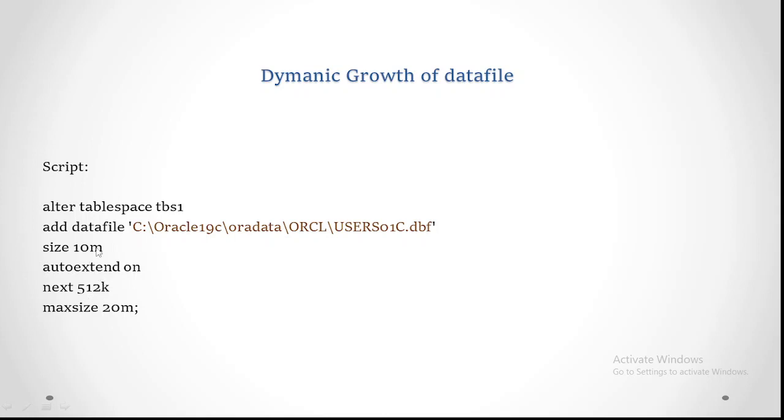After 10M, if 10M is exhausted, the next space allotted to this data file is 512K, and the max size of this data file is 20M. After 10M, when more data is required, 512K will be allocated to this data file.